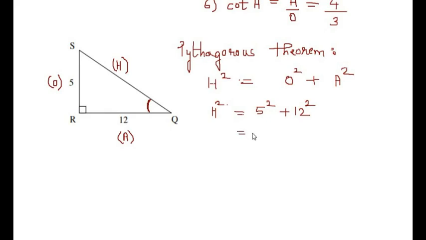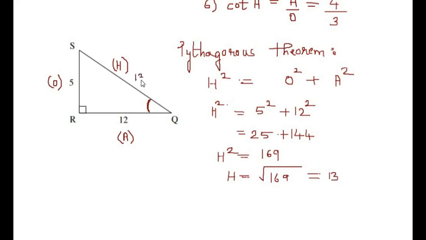So we have 25 plus 144, which gives 169. This is our h squared. To find the hypotenuse, we take the square root of 169, which gives us 13. So our hypotenuse here is 13.